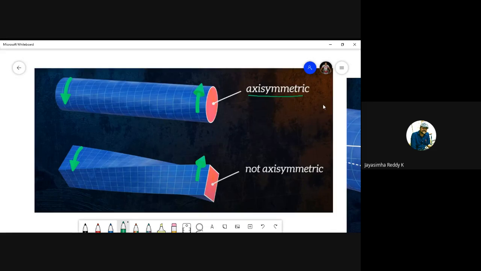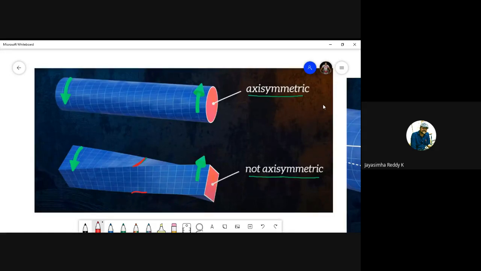So the planes normal to the axis do not warp. Whereas if you assume non-axisymmetric shafts like a rectangle, there will be warping here. If you observe here, students, there is warping of material; the material is warped down.